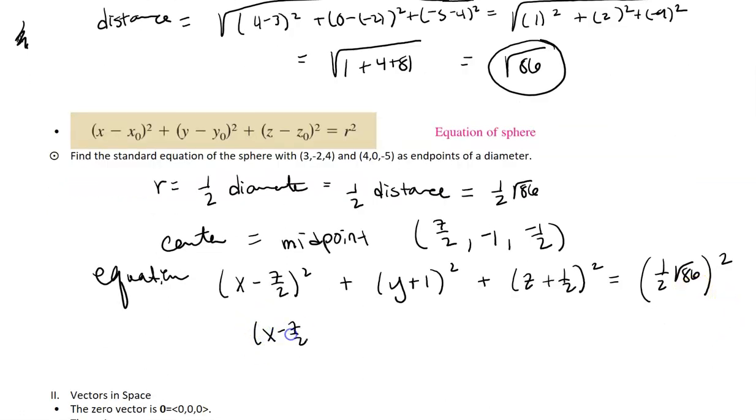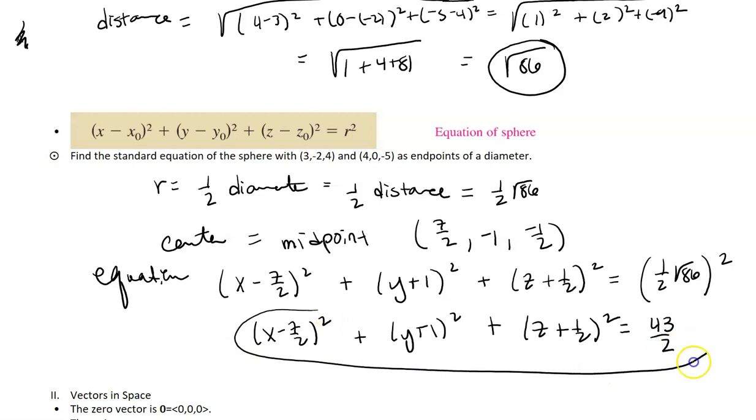Or if you just square that side, you get 86 over 4 or 43 over 2. So that would be the equation of the sphere with 2 of those points as the endpoints of a diameter.